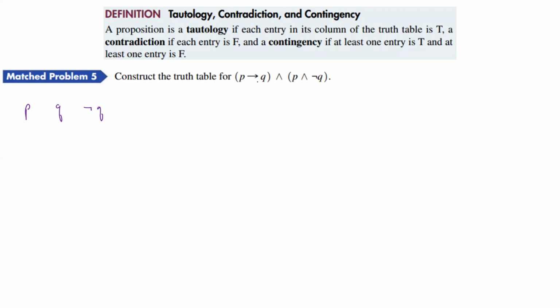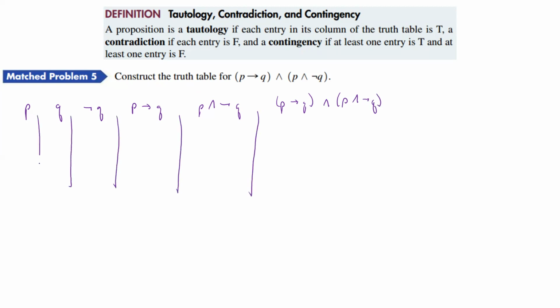We're going to have the if P then Q over here. So we're going to have a P then Q. And we're going to have a P and not Q. And then we'll have to have this and this. And so that's going to be P then Q and P and not Q. All right, so we have that, that, that, that.